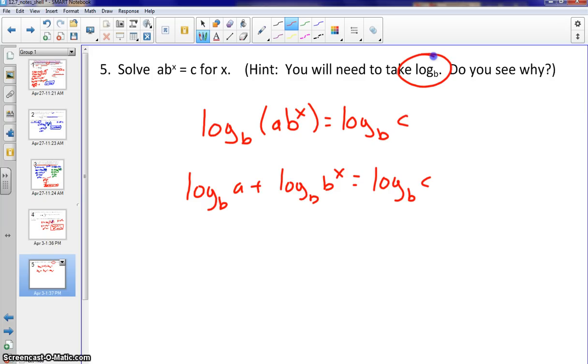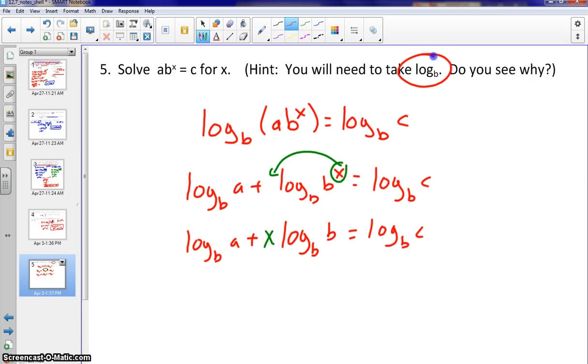Again, still following our properties of logarithms, we can do our down in front with the x. That will go out in front. So we'll have x times log base b of b equals log base b of c. And we have one more property here.